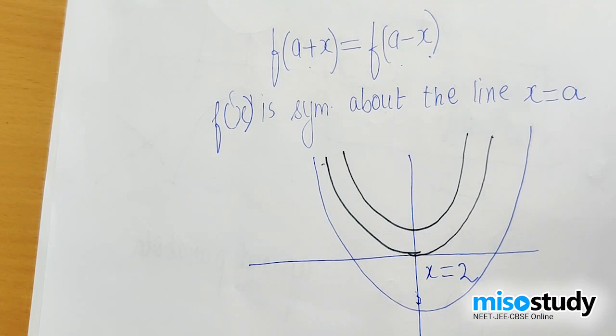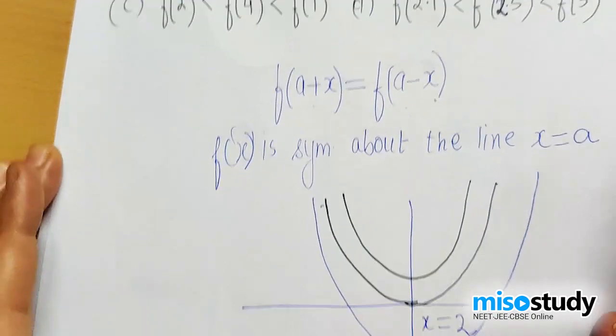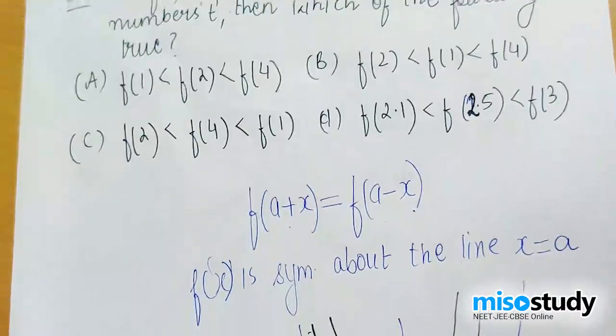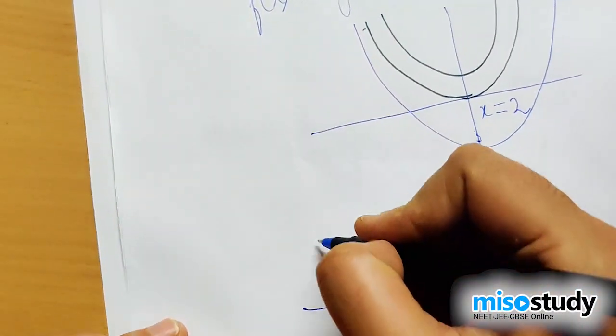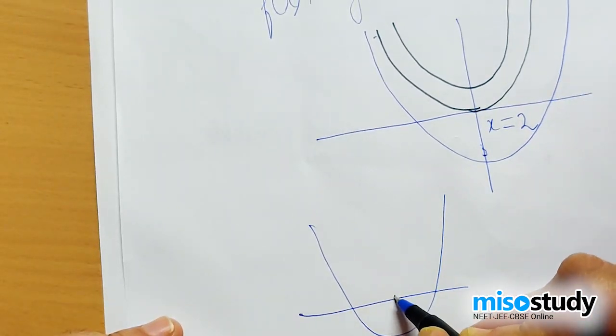But it doesn't make much difference to our lives, because over here we're talking about symmetry and not whether the roots are real or not. So let's take any of the cases and the result will be true for all the other cases. So I'm taking this case, let's say, okay, and this is x equal to 2.